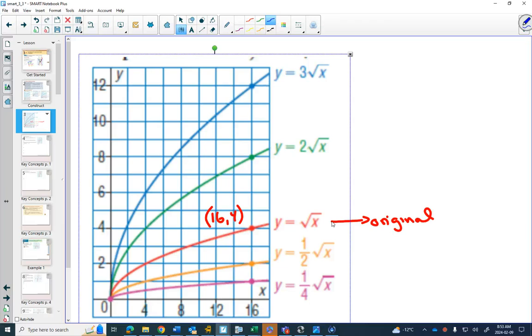Outside affects the y-coordinate. And so what we're going to notice in the blue one is your y-coordinate gets multiplied by 3. And sure enough, if we label the point, we had 16, 4 on our original point, and on the blue graph, we're going to have 16, 12.